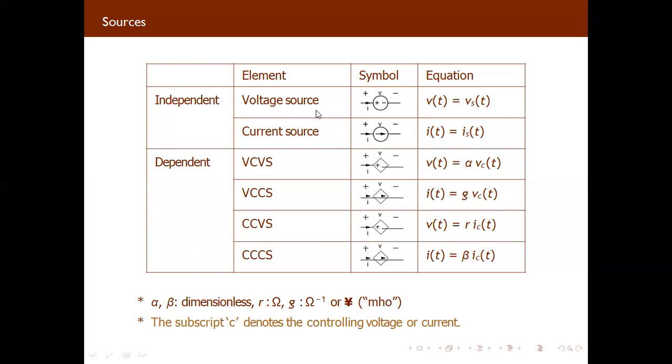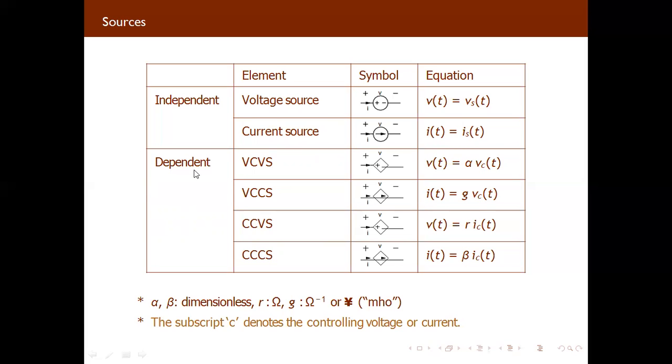If you connect that voltage source or current source to any other circuit, but the values of voltage and current are not dependent on any other, these are independent. At that time, we say this voltage source and current source are independent. If these do not depend on any other, we say these are independent.